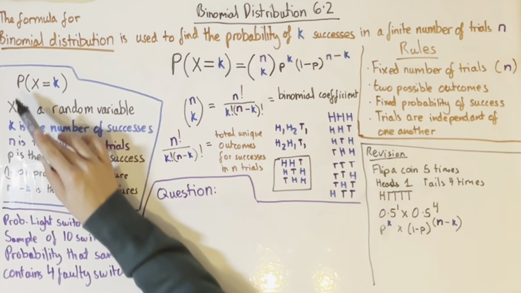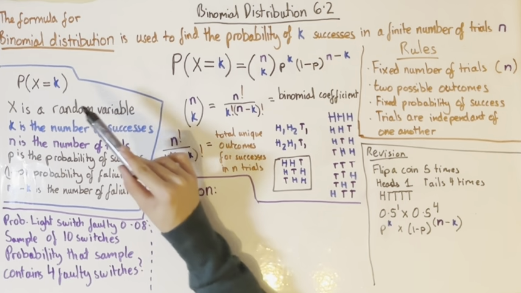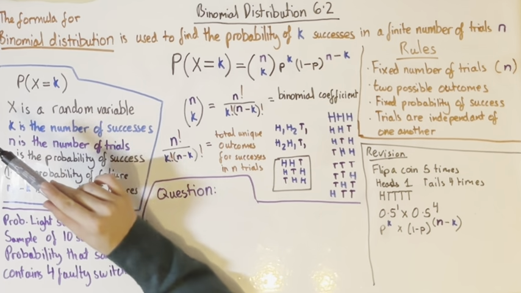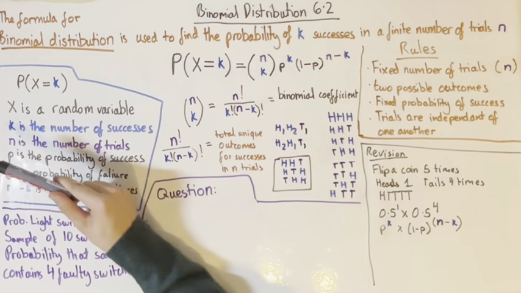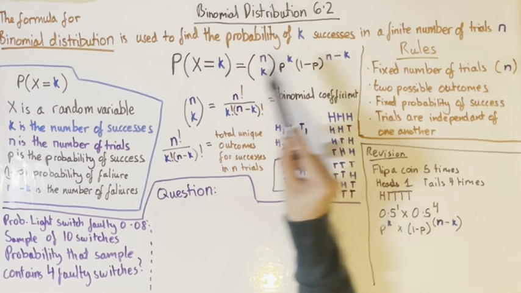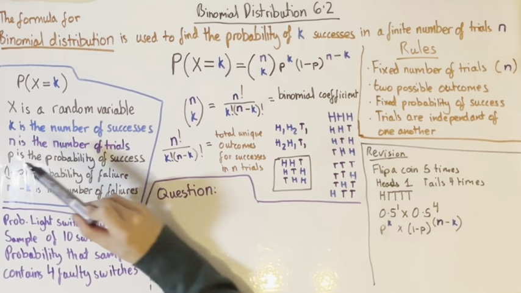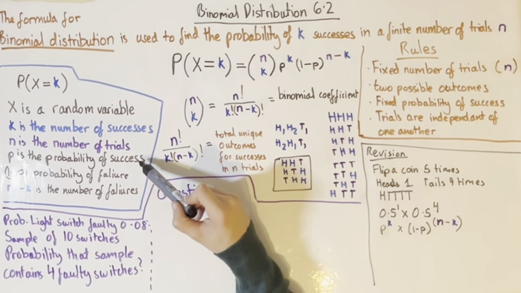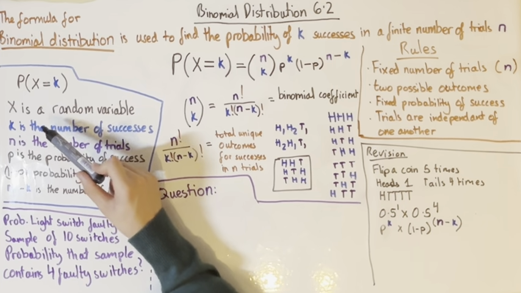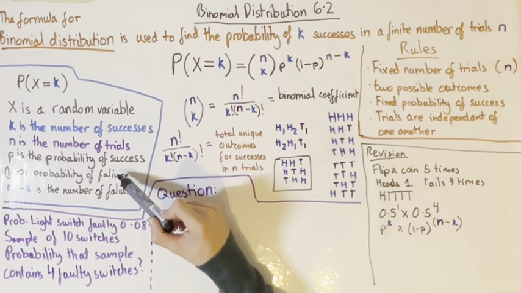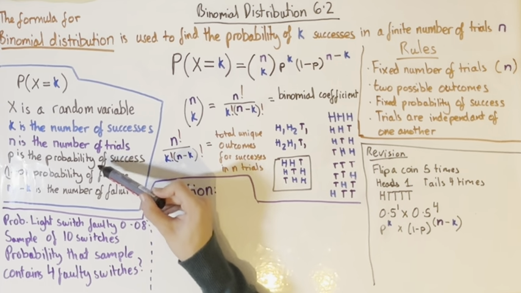So here we have the probability that X, which is a random variable, is equal to k, which is the number of successes. n, which is here and here, is the number of trials, hence we need a fixed number of trials. p is the probability of success, and if we have defined p, n and k, we can also find the probability of failure, as the probability of failure plus the probability of success should equal 1.